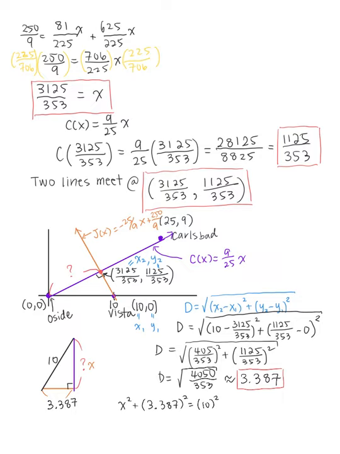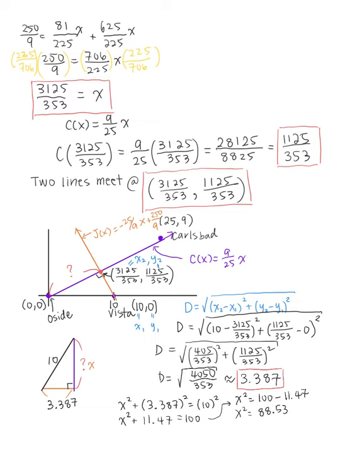Get your calculator out again. So you're going to have x squared plus 11.47 equals 10 squared, which is 100. So x squared is 100 minus 11.47.